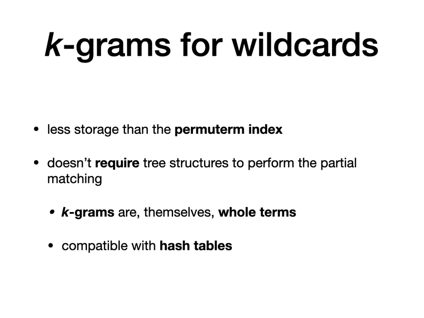So using k-grams for wildcards is great. It's less storage than a permuterm index because you don't have to do every single permutation of a word. You just get to focus on what are the meaningful letter chunks. It doesn't require trees, and we're enabling partial matching using strictly the tables, the hash table solution. And that's because each k-gram itself is a whole term, right?